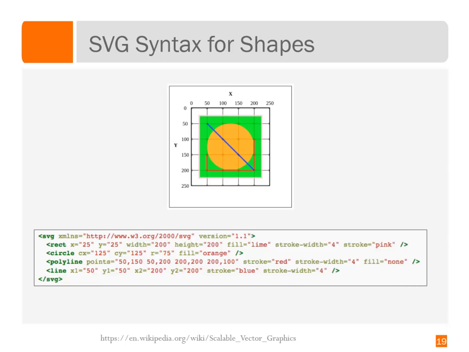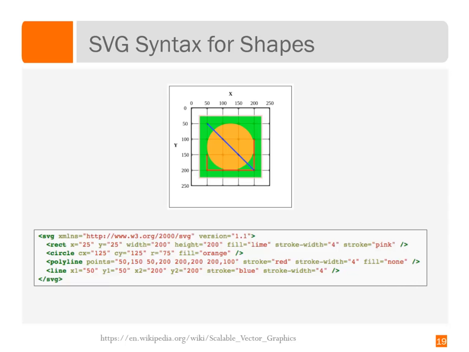Now the last shape that we'll draw is the line. And this one basically has a beginning and an ending set of coordinates. So the beginning coordinates are the x1 here. So the x1 is at 50 and the y1 is at 50. So that's the beginning coordinate of the line. And then the ending coordinate of the line is at x2 at 200 and y2 at 200.